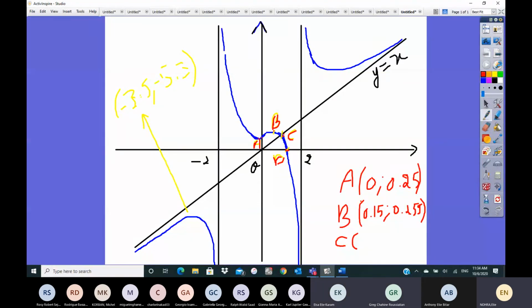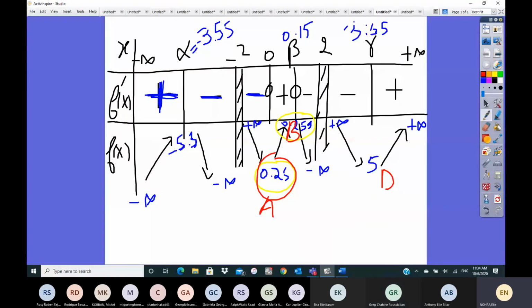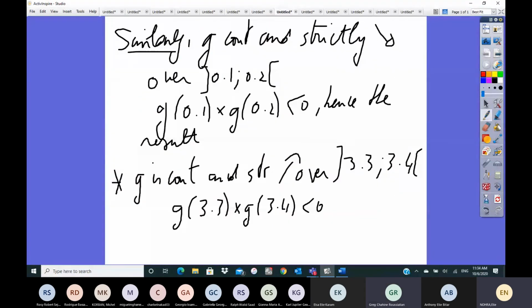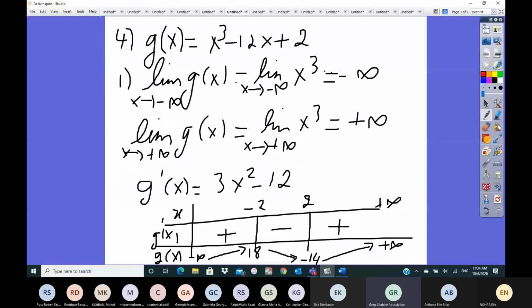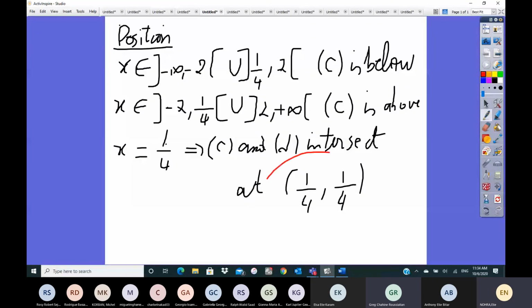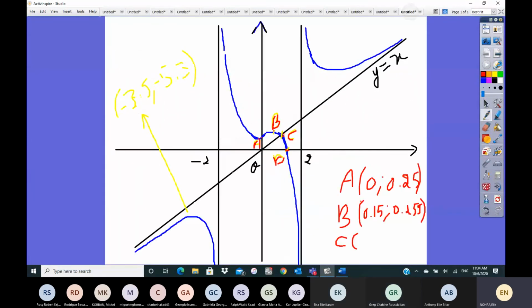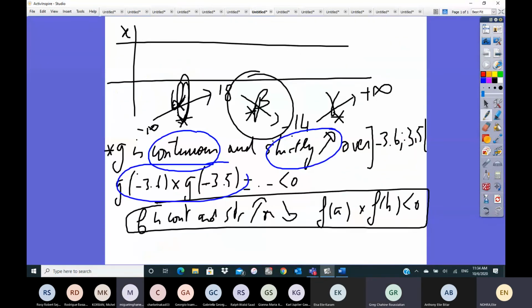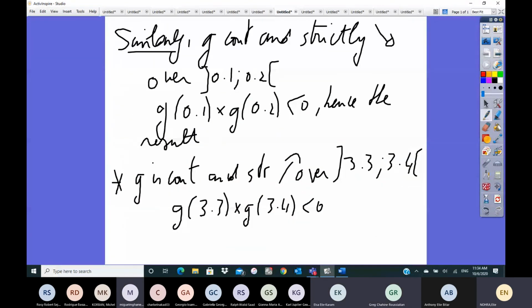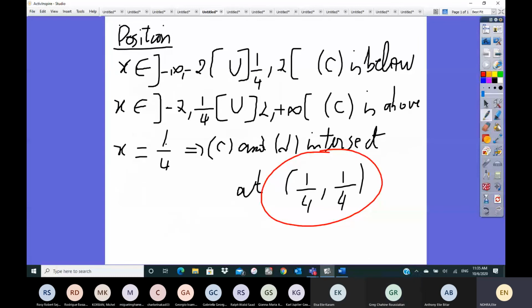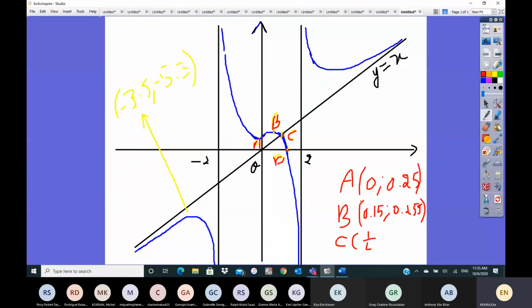Can you go back? It's not shown here. Where is it shown? It's over here. It's here. You see it? Oh, yes. It's very old. It's the intersection with the oblique asymptote. Right? You see it? Yes. 1/4, 1/4.